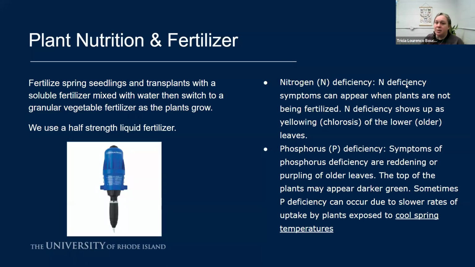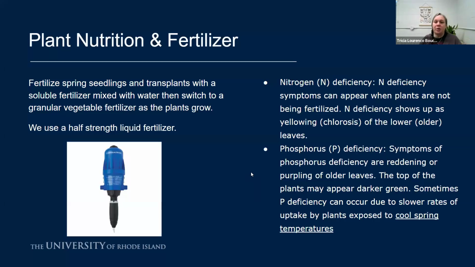Nitrogen deficiency looks like yellowing of the lower, older leaves. And phosphorus deficiency is reddening or purpling of older leaves. You might see it on your tomato plants if they're getting too cold, because if they're too cold, then they can't take up the nutrients that they need.